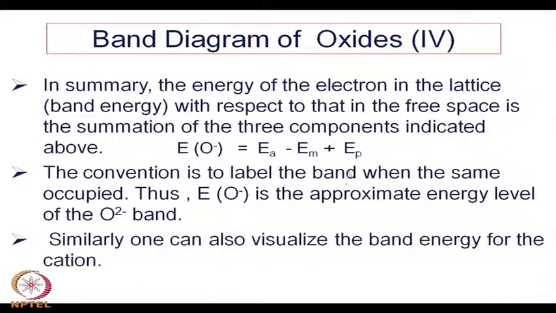And then EP is the polarization energy. The convention is to label the band when the same is occupied. Thus E O minus is the approximate energy level of the O2 minus band.